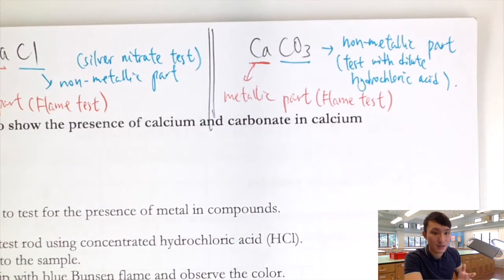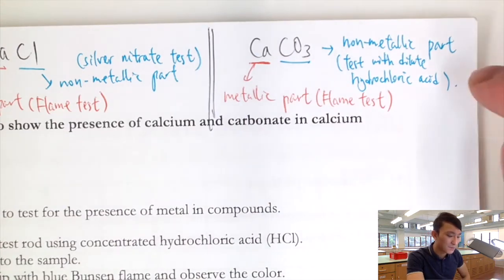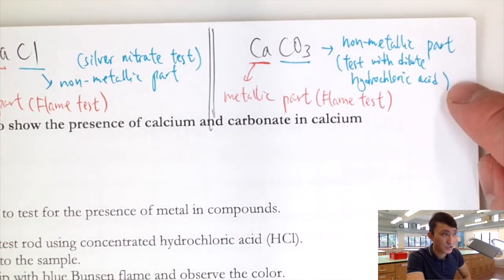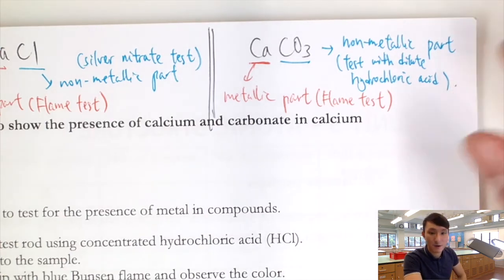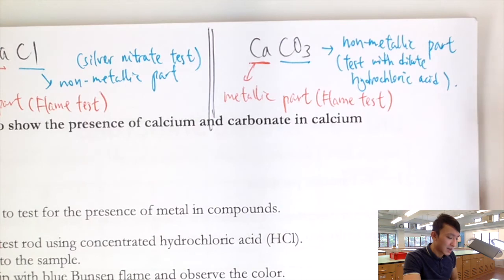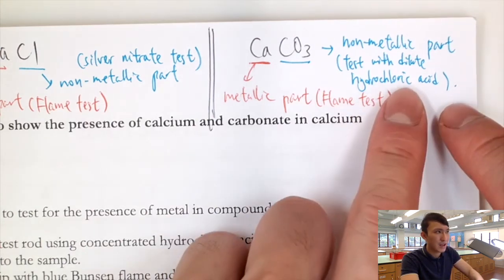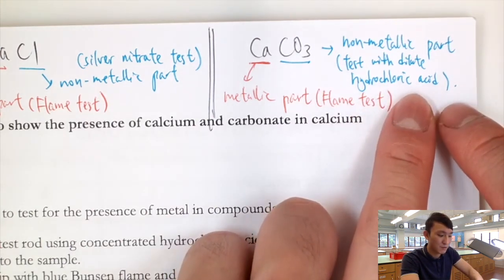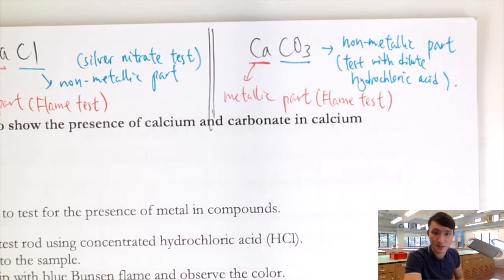Actually, we did talk about that last time, which is to test with dilute hydrochloric acid. Okay, that experiment with two test tubes, right? And we tilt one of the test tubes so that we drop the calcium carbonate into the hydrochloric acid. Do you still remember? For this test, we don't have a specific name, so we simply put down test with dilute hydrochloric acid, and that's it. Okay.